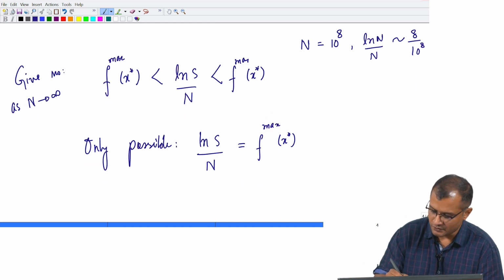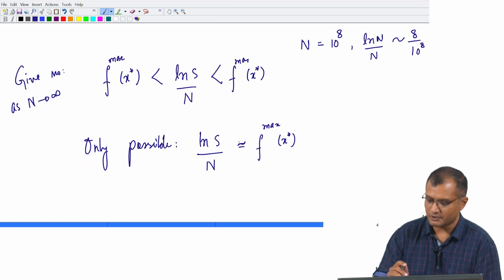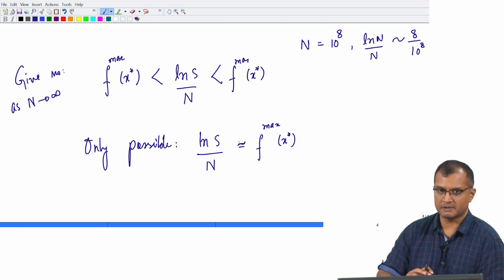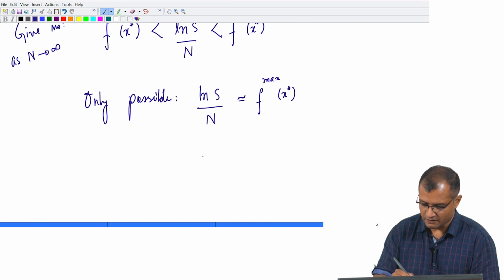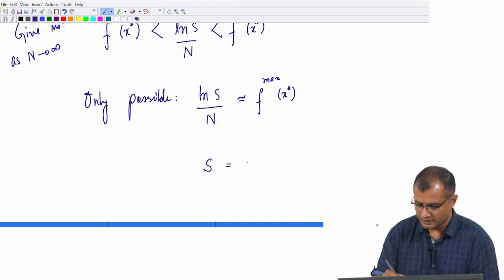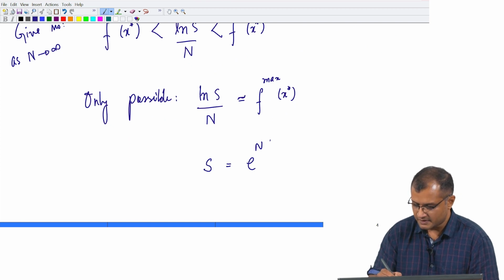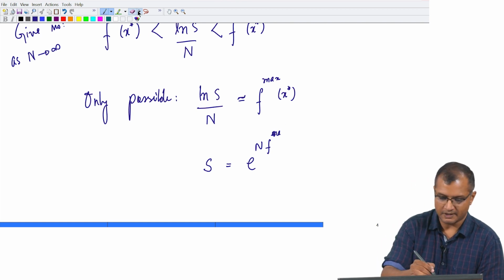Okay. I am going to use an approximation here because you have dropped ln n by n in the approximation that n goes to infinity. So, then we can write down our s as simply e to the power n times f max at x star.